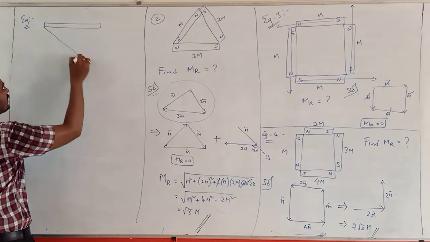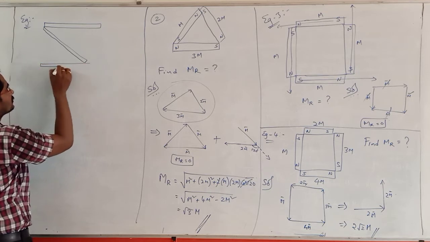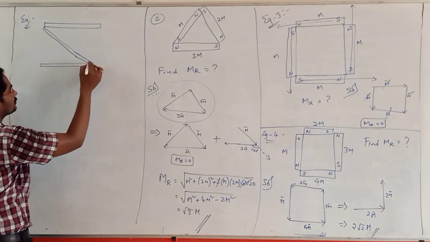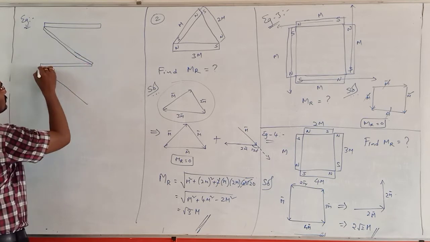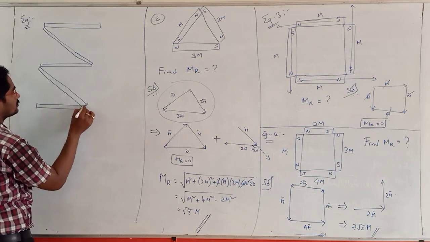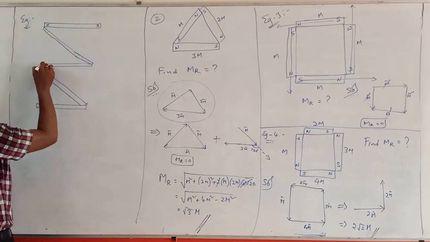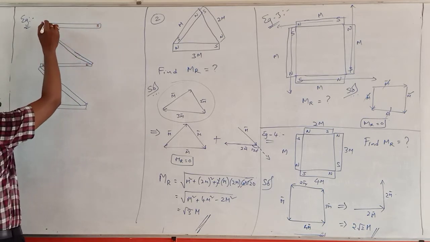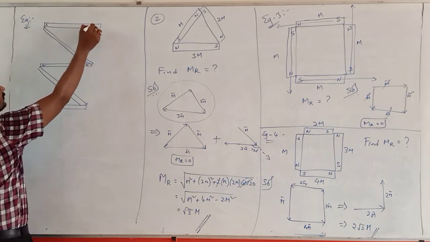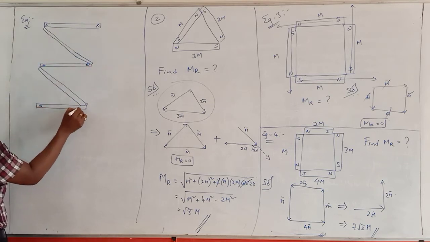First magnet, second magnet, third magnet. This is the north pole, south pole, north, south. It is better to write south, north for convenience: south, north, south, north, south, north.